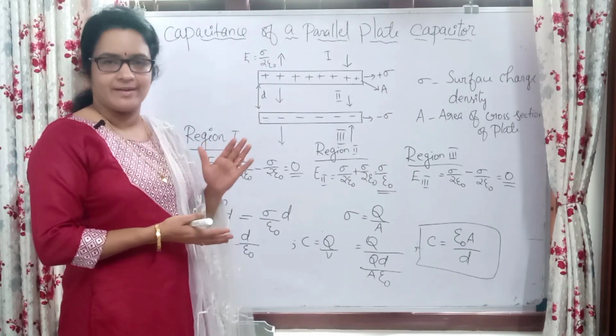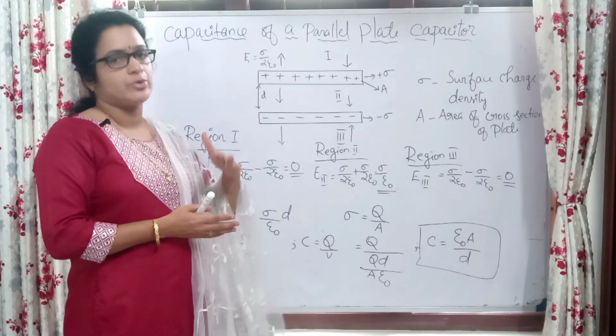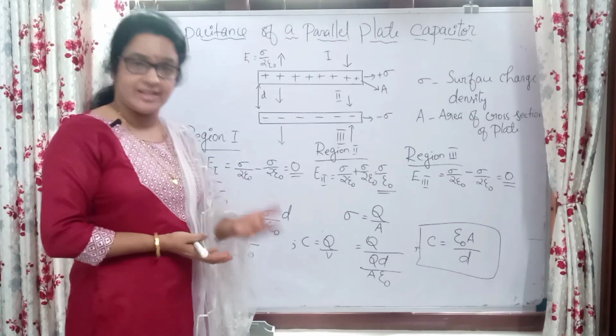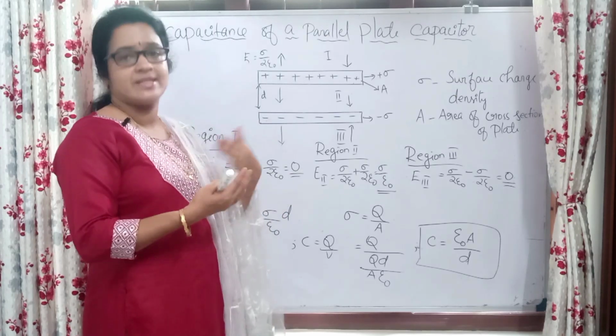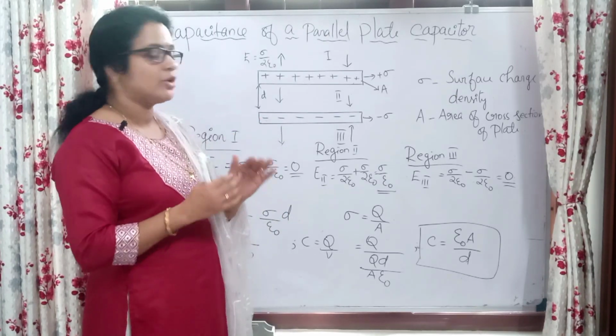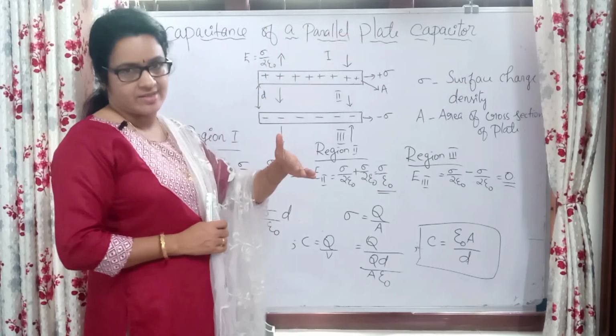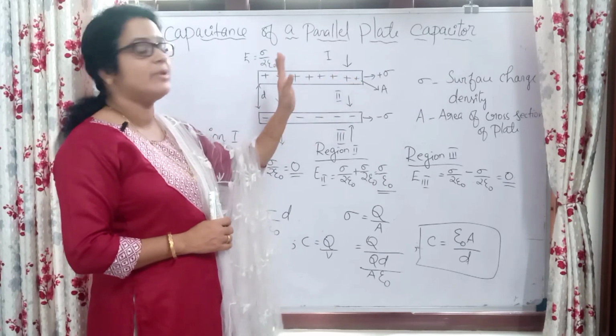We have already studied that, right? For positive charges the electric field is away from the charge, and for negative charges it is just the reverse, so the electric field will be towards the negative charge. Keep that in your mind, and then we can find the electric field in these three regions. Just understand that, then it will be very easy.